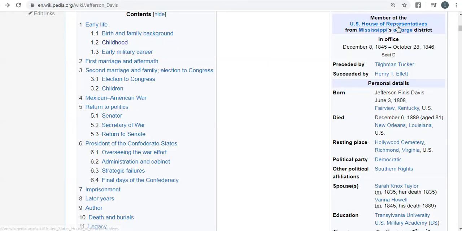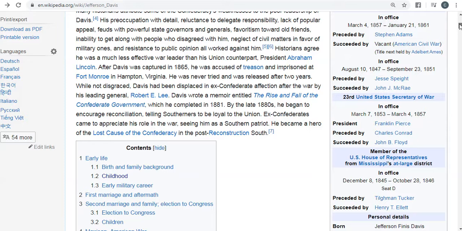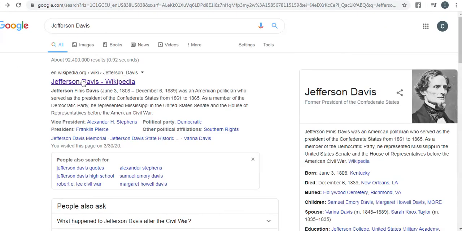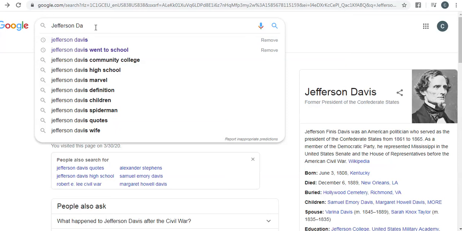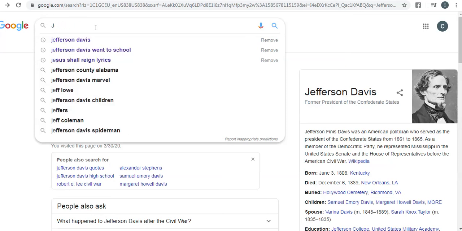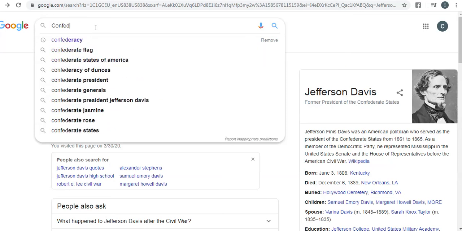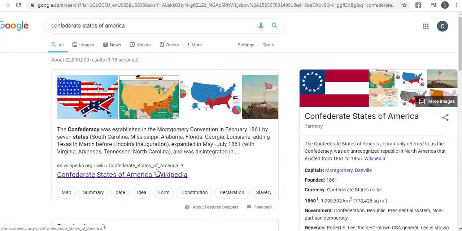And I just set an example of why I shouldn't have my ringer turned on because that distracted me. Until I'm done with my little lesson here, however long that takes. So, I'm going to type in Confederate States of America. There it is right there, Confederate States of America. And I'm going to click on that.